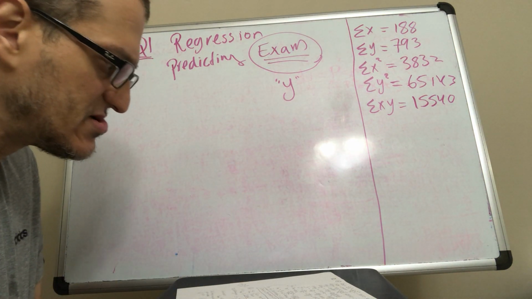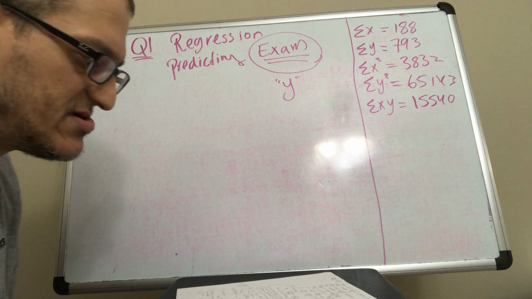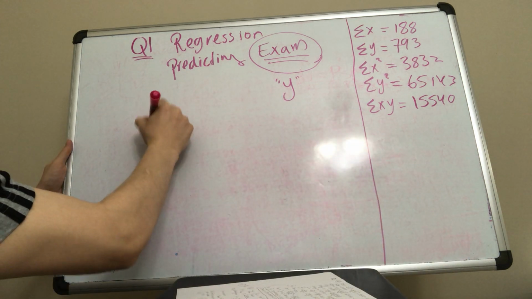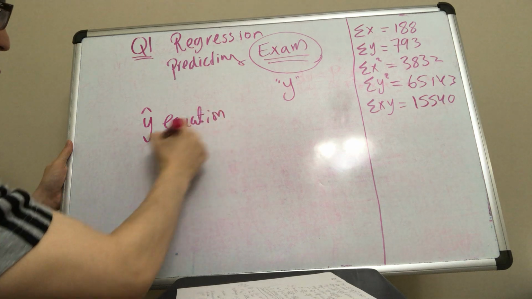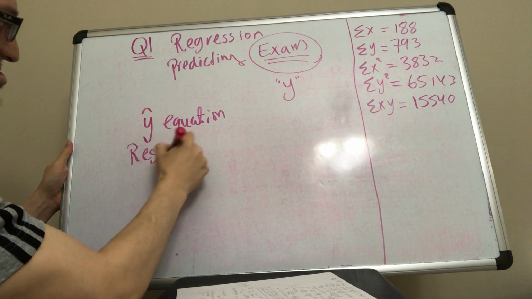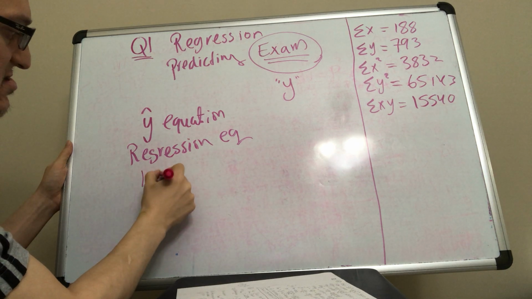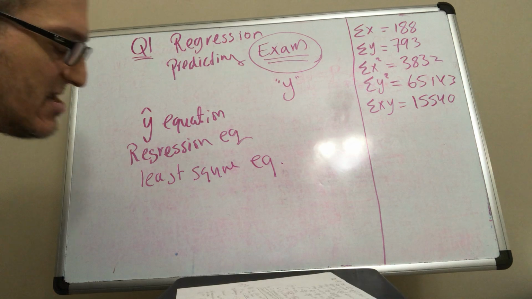Now the first part in the question is to find the relationship, the equation. It's called the y hat equation. It's called the regression equation. It's called the least square equation.